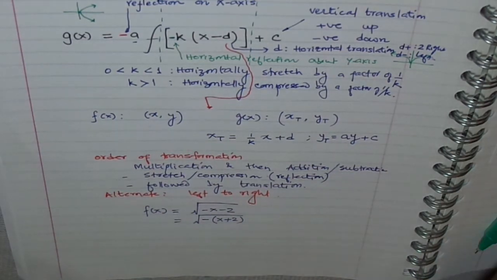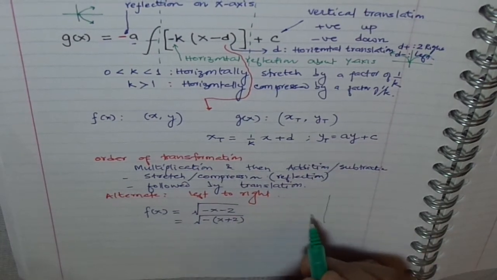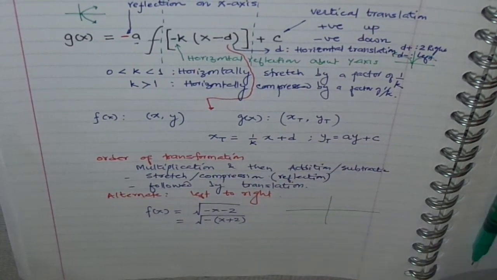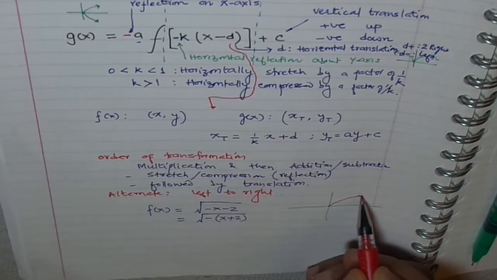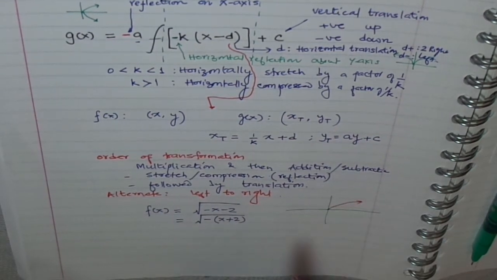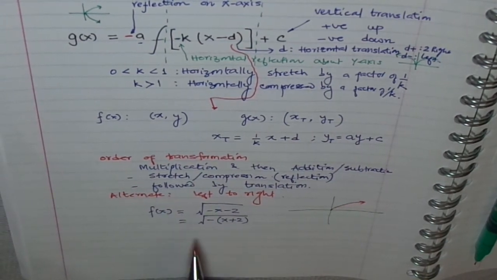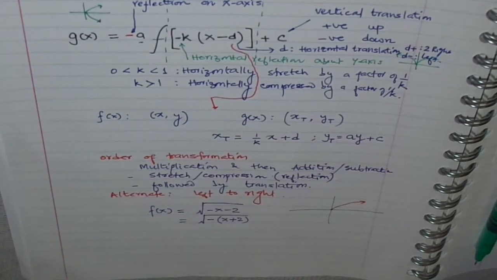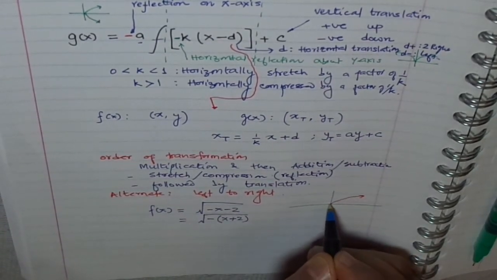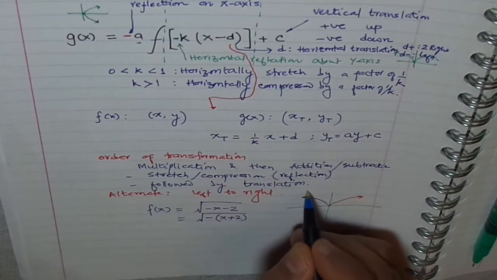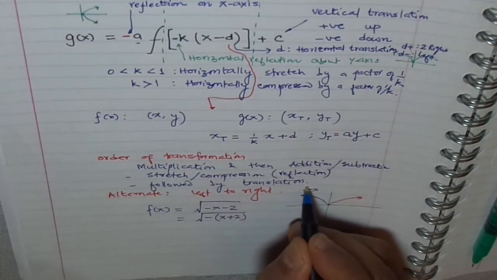Now this means that if we have the square root function, this is our square root function, let's say, then what should we do? First we should reflect it, and this is a horizontal reflection, okay? And then we should move 2 units to the left, correct? This is plus 2. So first we'll reflect it, which means square root of minus x.